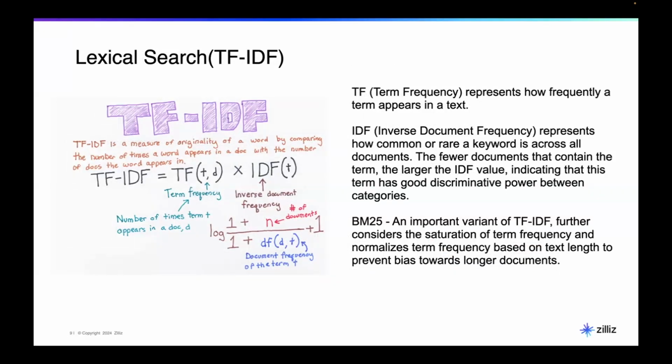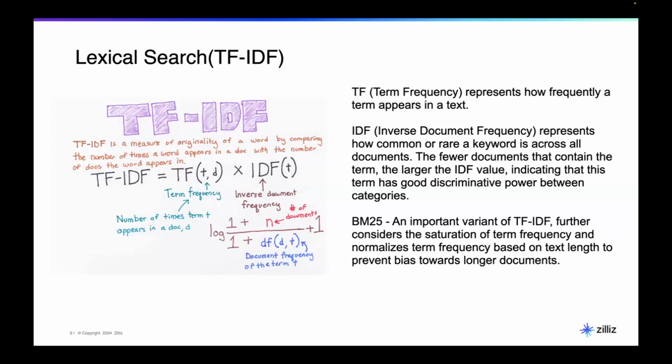So for example, if a word appears a lot across the documents in my corpus, this token is not going to be very important. It could be "the", it could be "a", or other very common tokens, and it doesn't contain enough semantics, right? But if you see some very special word we never saw before, that only shows up once in your corpus, then its IDF is going to be high and its weight is going to be super high, right?